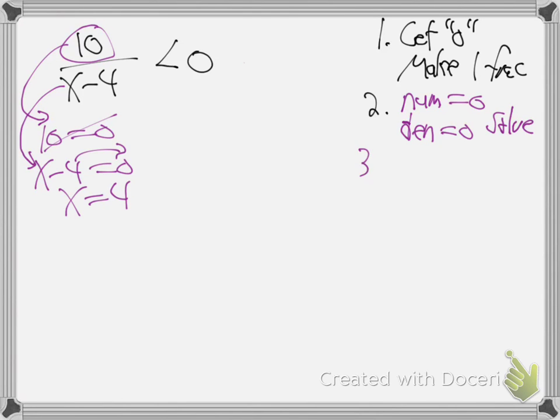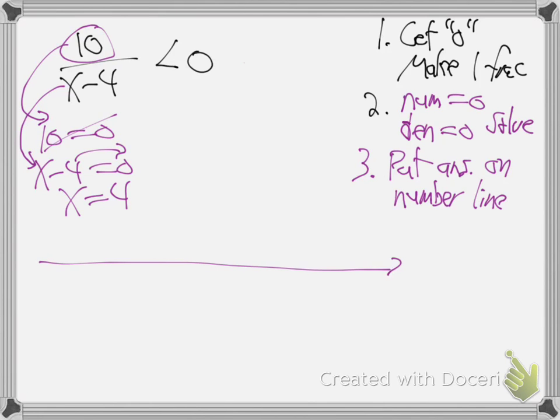So x is 4. Step 3, put our answers on the number line. So go to the number line, and I'm going to put x equals 4 on the number line.